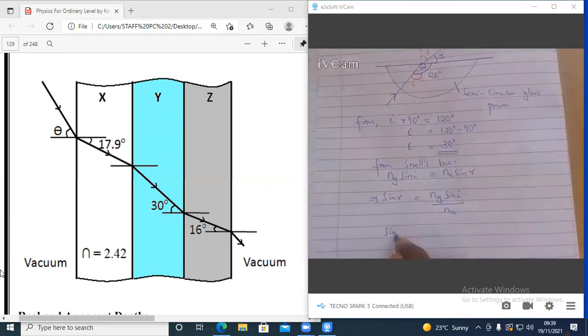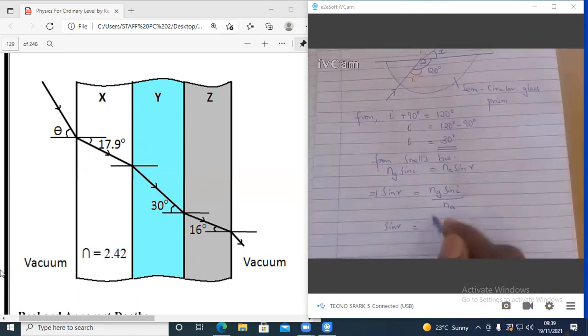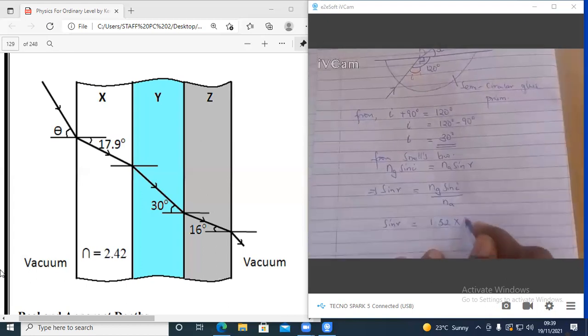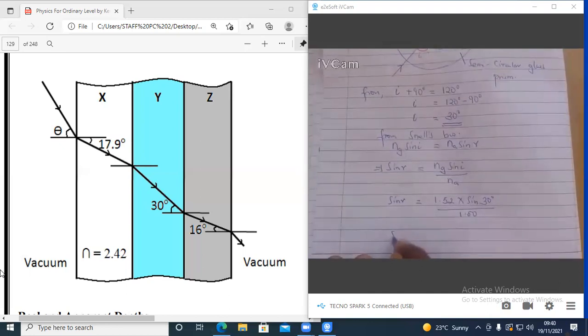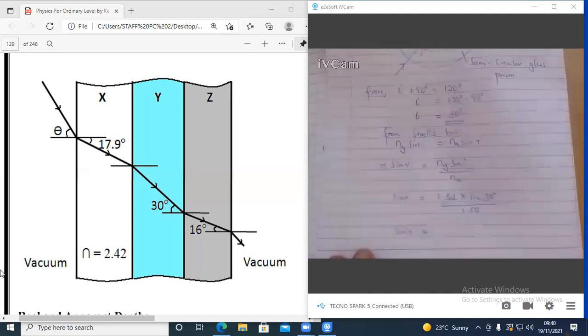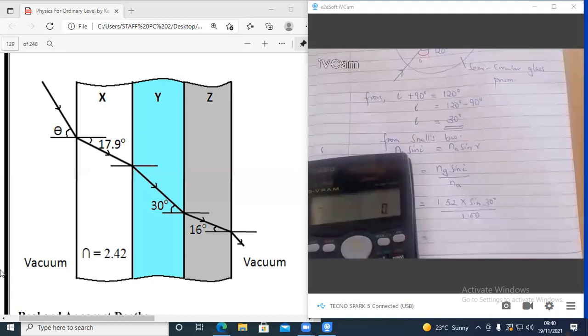So sine R equals the refractive index that I've said is 1.52 times sine of 30 degrees divided by 1.00.